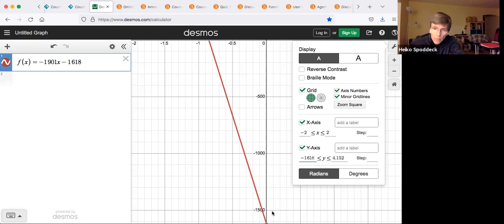Why? Well, we see here on our y-axis that point. So we see our y-intercept, but barely. WebWorks does not like barely. So it will actually not like that you can barely see this point.